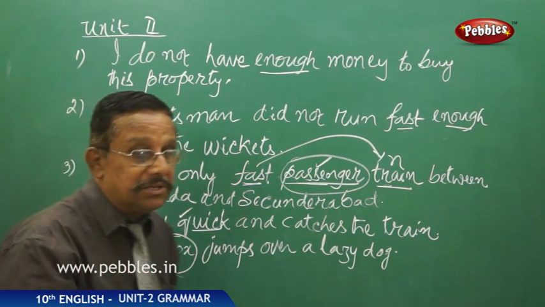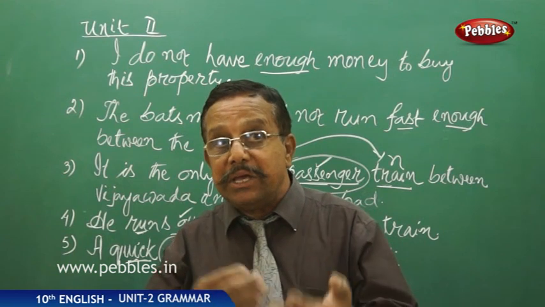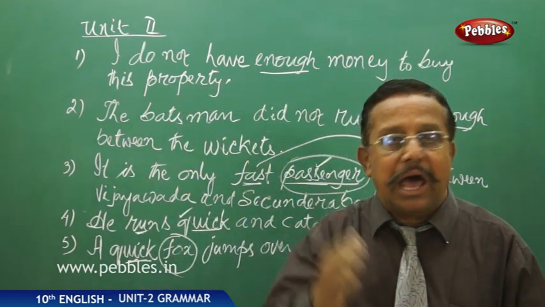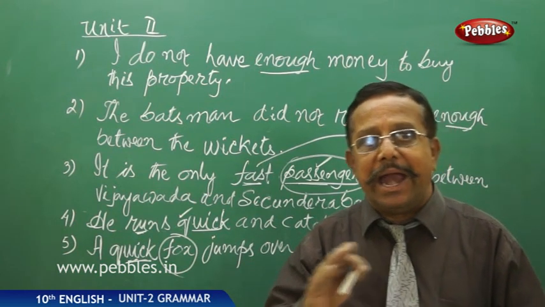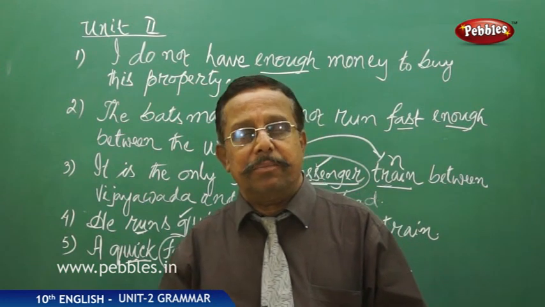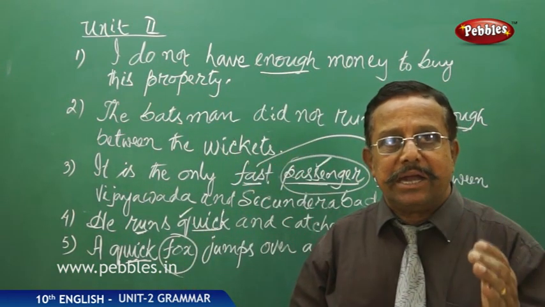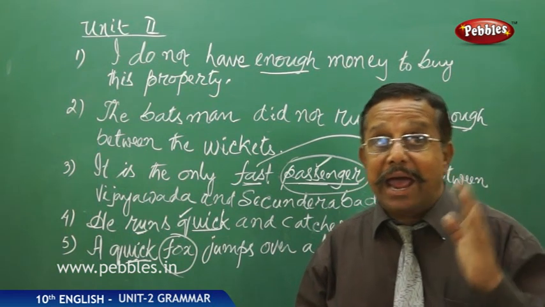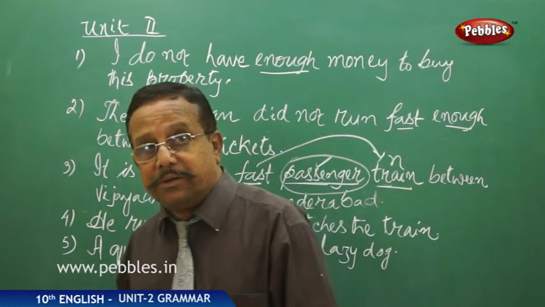What this unit 2 and this enough usage in adjective and adverb says is, in English there are certain words which can be used both as adjective and adverb. And we should be very cautious while we are using them as an adverb and as an adjective. Right? The correct usage is how to use it.